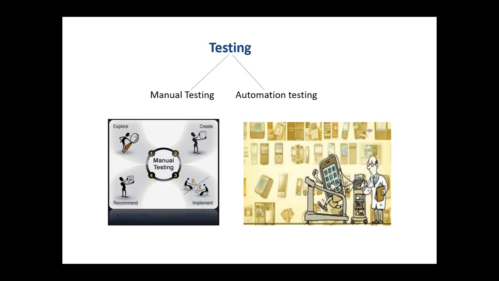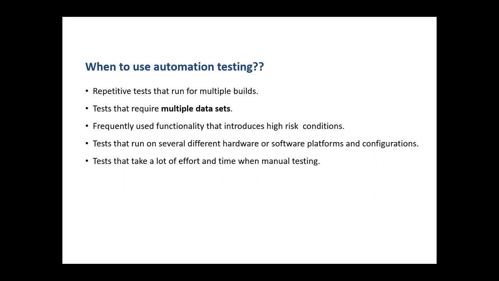As we have discussed, testing is majorly done either by manual testing or by automation testing. Manual testing, I hope you're all aware. So let's go to automation testing. When do you actually go to automation testing?